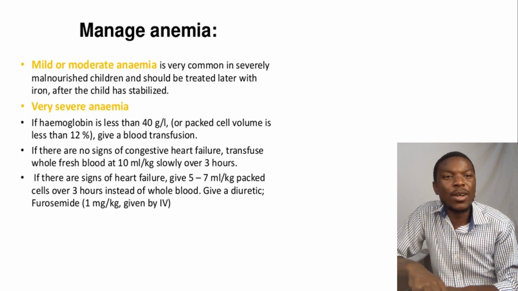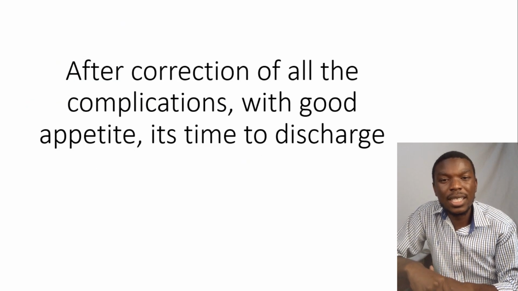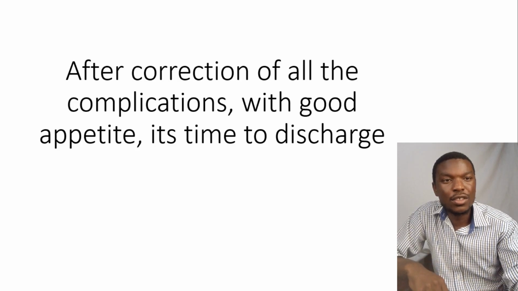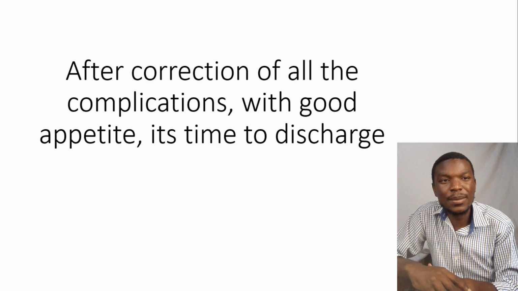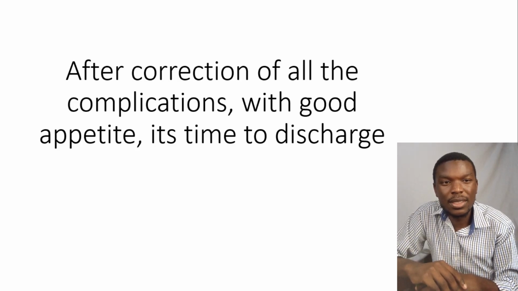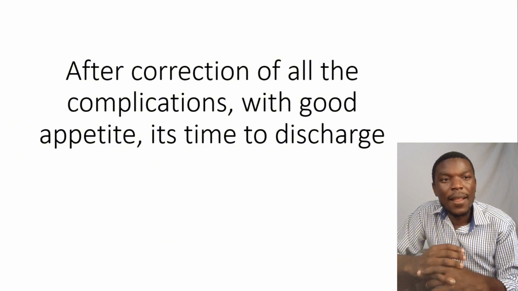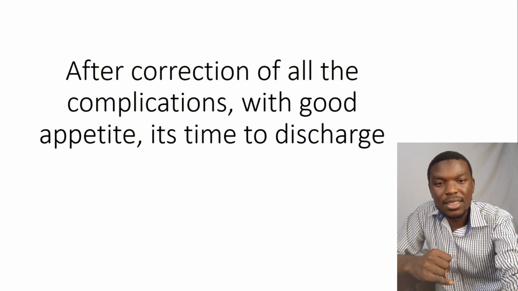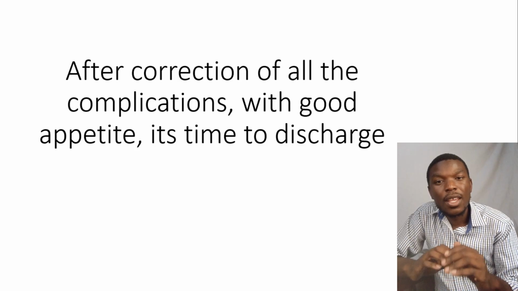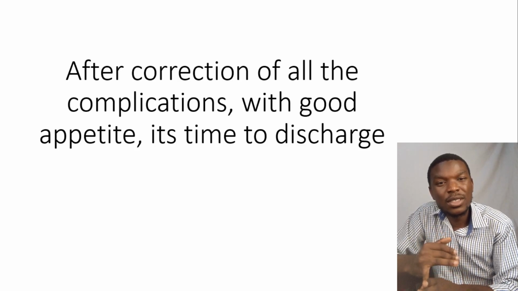So after correction of all those complications that the child may have had, with good appetite, it's time to discharge this patient. When discharging this patient, there are some general instructions that you give to the parents or the family. In addition to feeding instructions, mothers will need to be taught. You explain how you're going to be feeding the child.